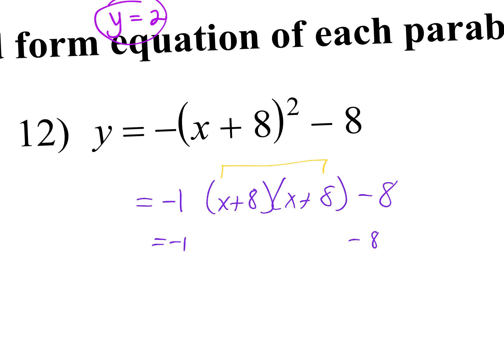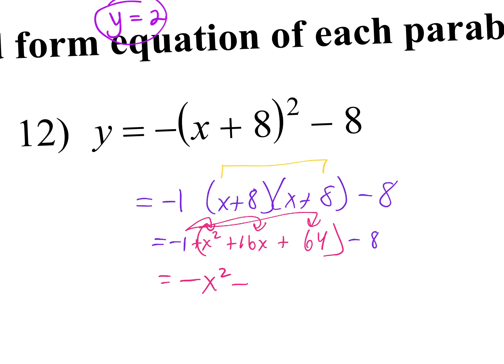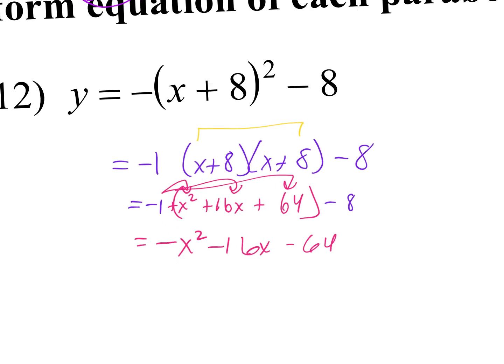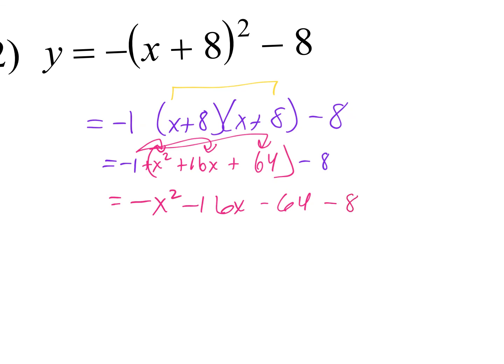Let's FOIL. x times x is x squared. x times 8 is 8x. And then 8 times x is 8x. So plus 16x. 8 times 8 is 64, right? Now I have my -1 that I'm going to distribute. So this becomes -x squared minus 16x minus 64, and then I have my minus 8.